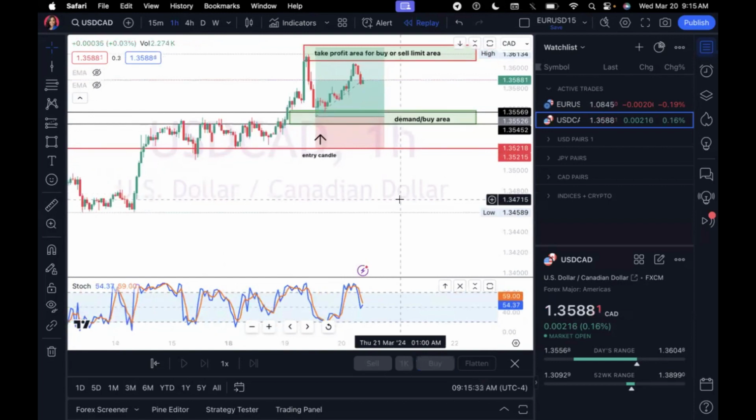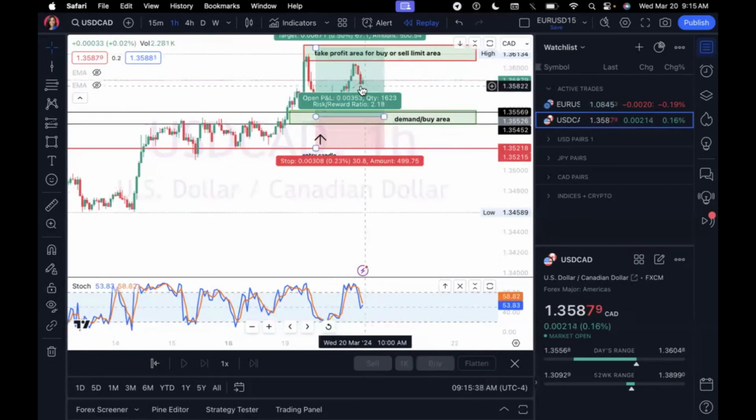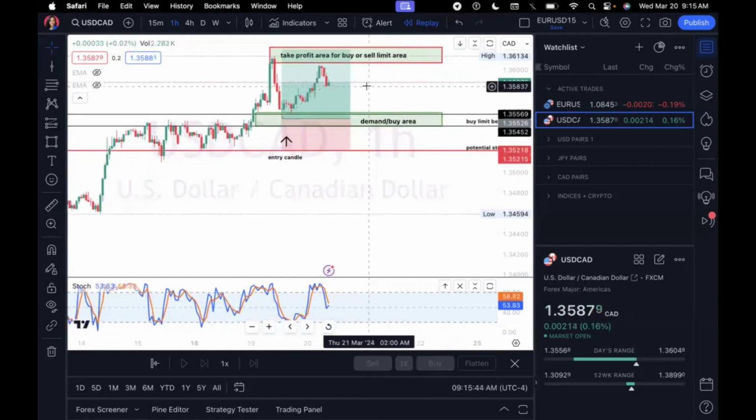So I'm going to continue to stay in this trade and to ride it out. It looks to me as if a new support level is being built. Thankfully, I'm already in this trade. I'm just waiting for it to hit my take profit or to at least push back into this area. So that's what I'm going to be waiting for.